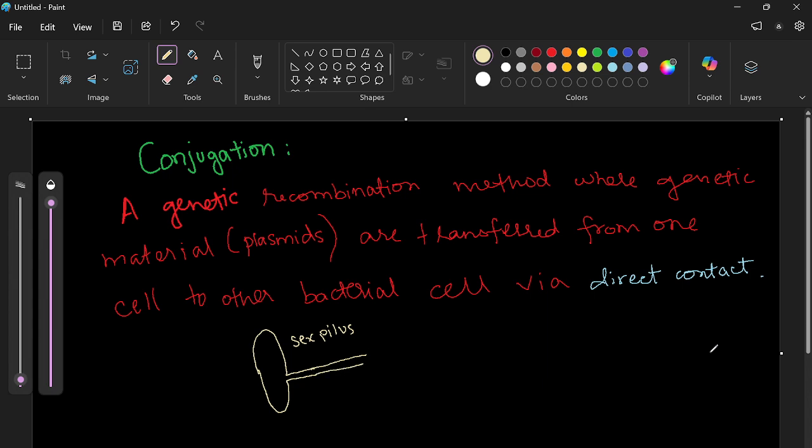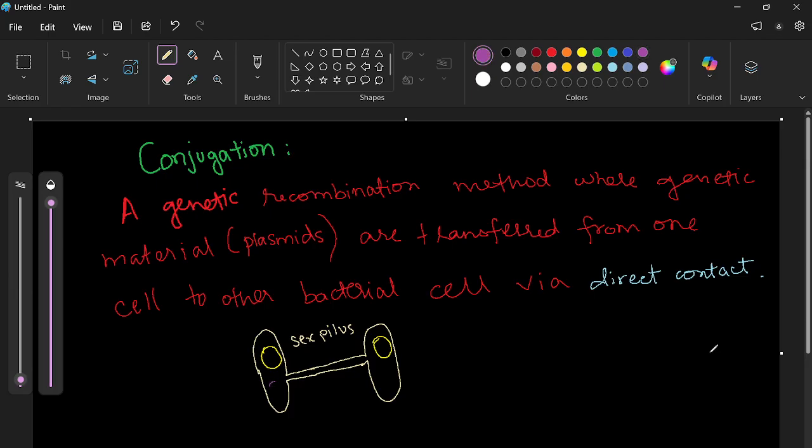This is another bacterial cell associated with the sex pilus. I'm going to show the plasmid with the purple color, and the normal chromosome with this yellow one. So this is the normal one, and the purple one is the plasmid.